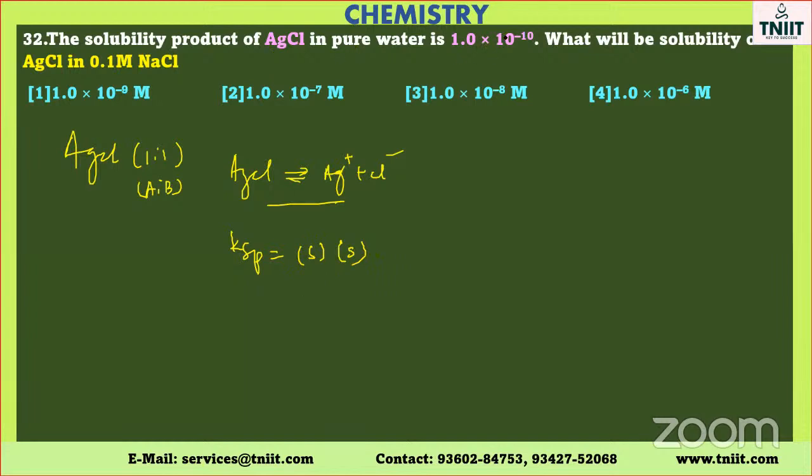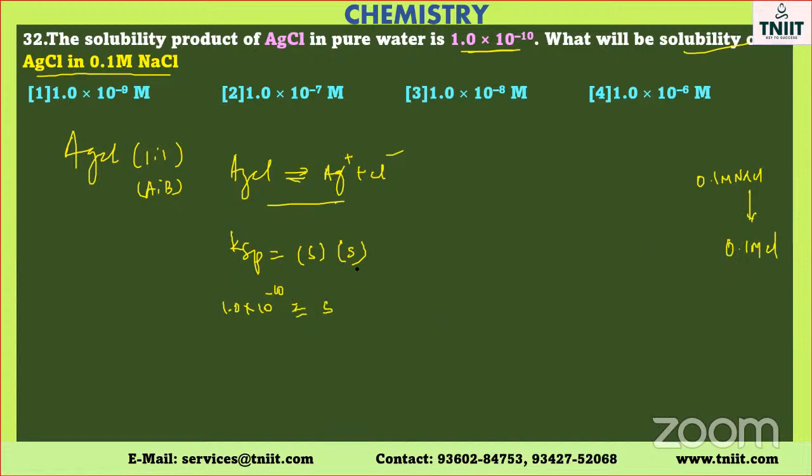They have given the solubility product as 1.0 into 10 to the power minus 10. That is equal to... they're asking the solubility of AgCl in 0.1 molar HCl. This 0.1 molar HCl will dissociate to give 0.1 molar chloride because it's a strong electrolyte.